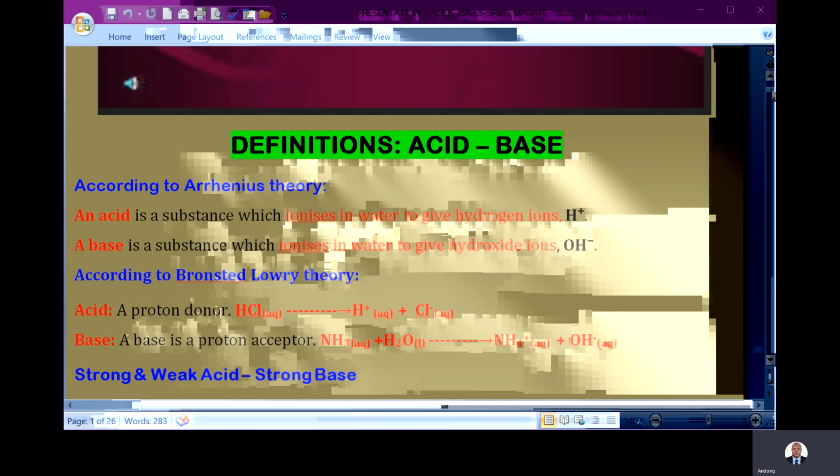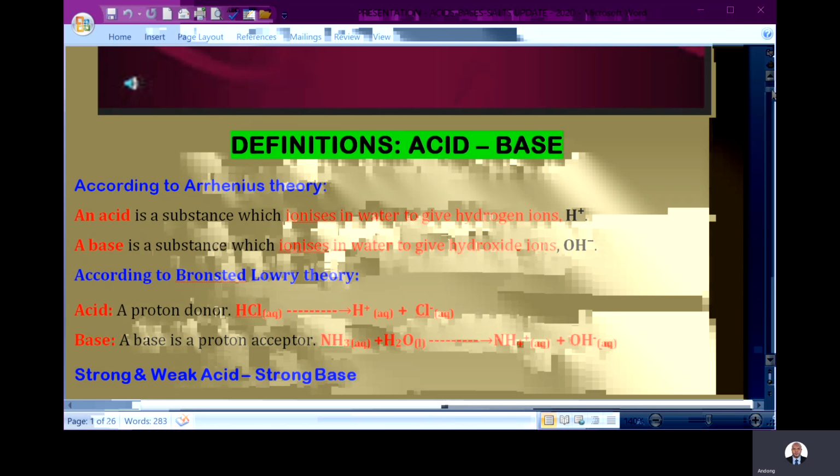The Bronsted-Lowry theory, on the other hand, defines a base as a proton acceptor. So, as we say an acid is a proton donor, a base is a proton acceptor.